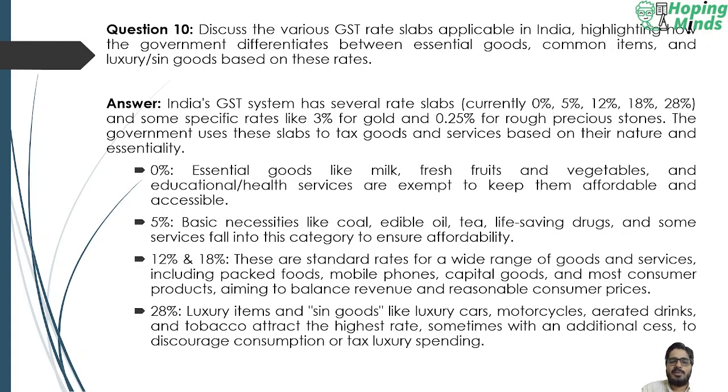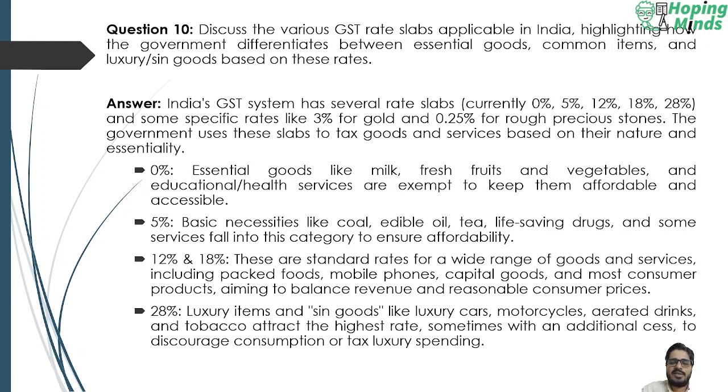Then 12% and 18%. These are standard rates for a wide range of goods and services. It includes packaged foods, mobile phones, capital goods and most consumer products aiming to balance revenue and reasonable consumer prices.